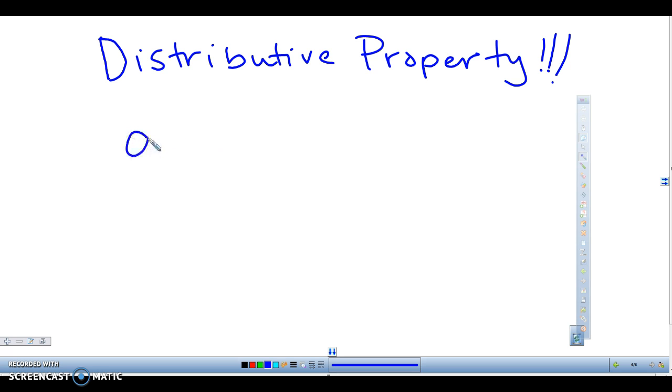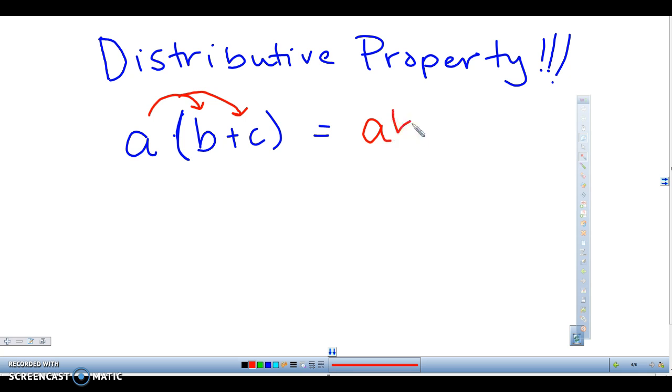And that says if I have A times some B plus C, I can distribute that A across to everything so that I get A times B plus A times C.